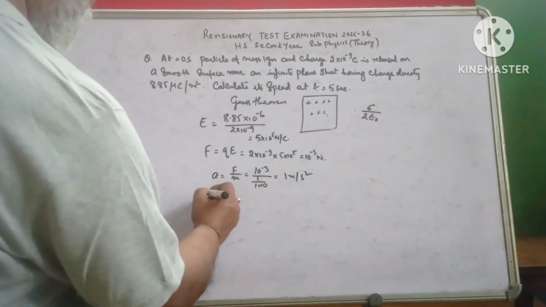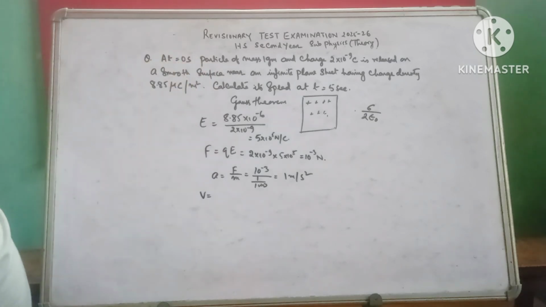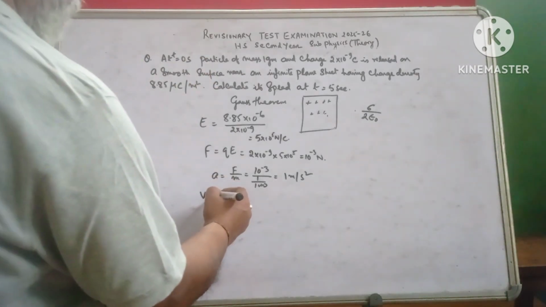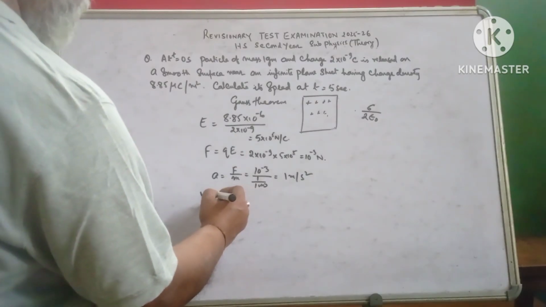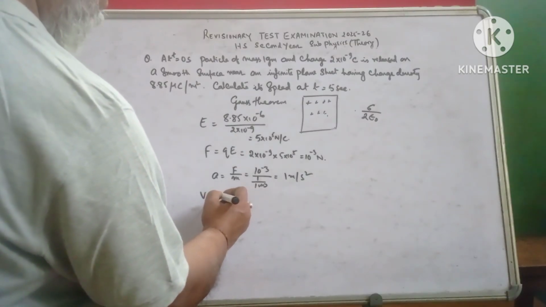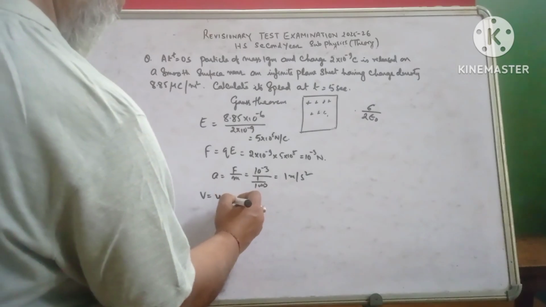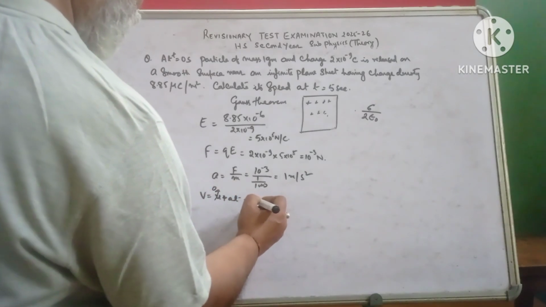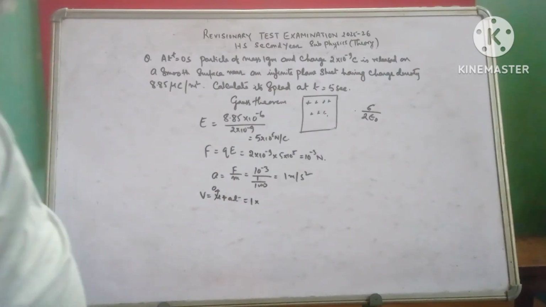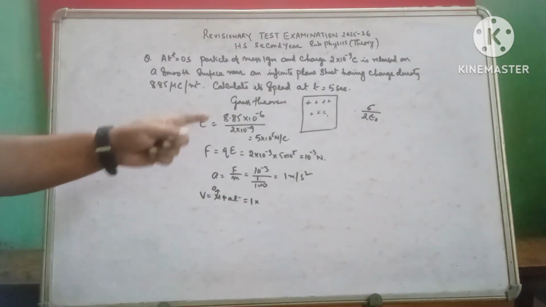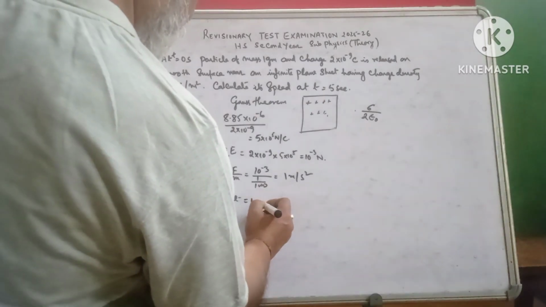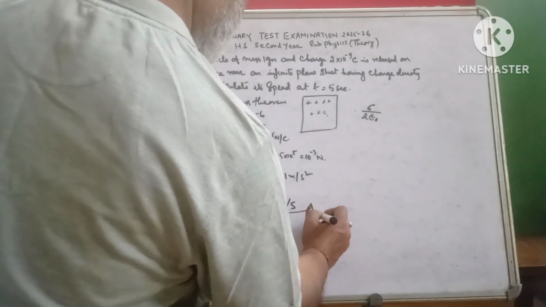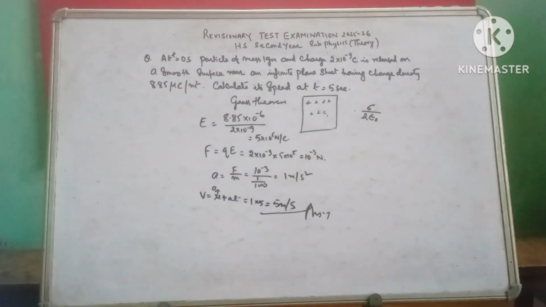So your speed is v is equal to u plus at. Let us consider that initially, at time t is equal to 0, the velocity is 0. So 1 into 5 seconds, that is 5 meter per second. This is your answer.